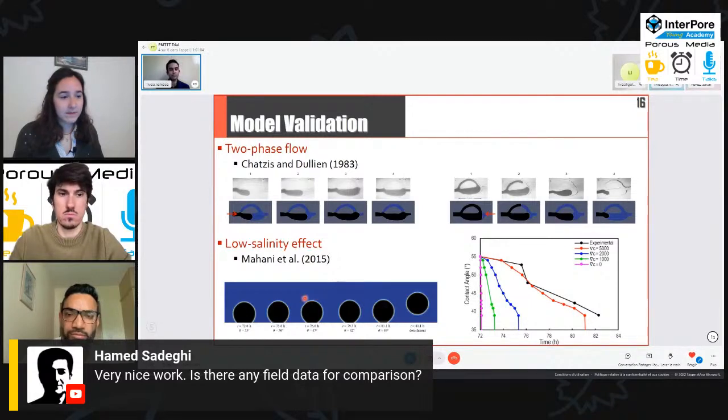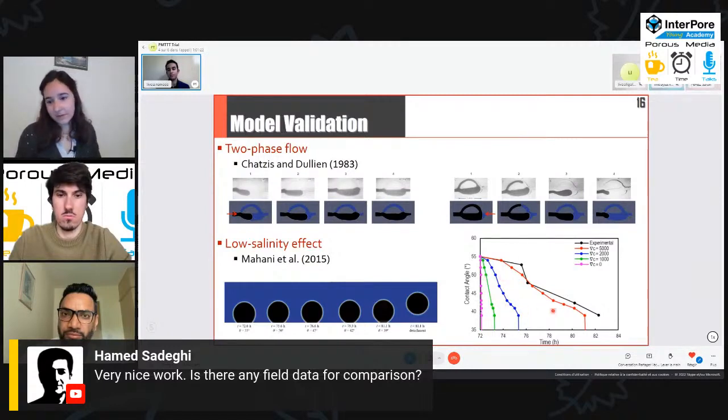As you can see, there is a displacement of an oil droplet occurring due to low salinity injection, and the black line is the experimental data for the change in contact angle over time.